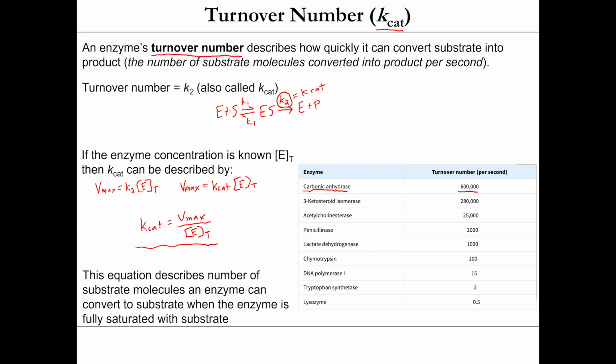So turnover number is a very important variable in enzyme kinetics, and it describes how quickly an enzyme can convert substrate into product, so the number of substrate molecules converted into product per second.